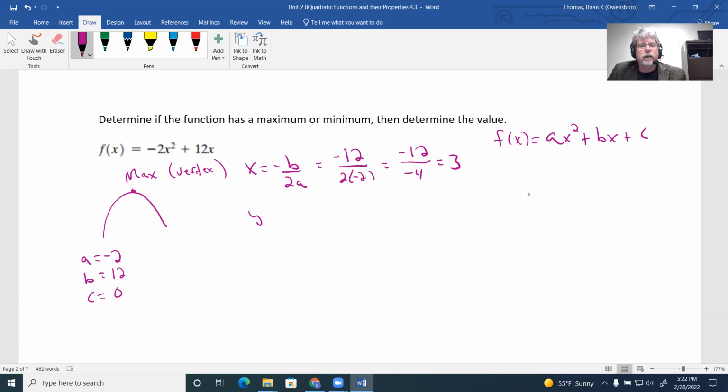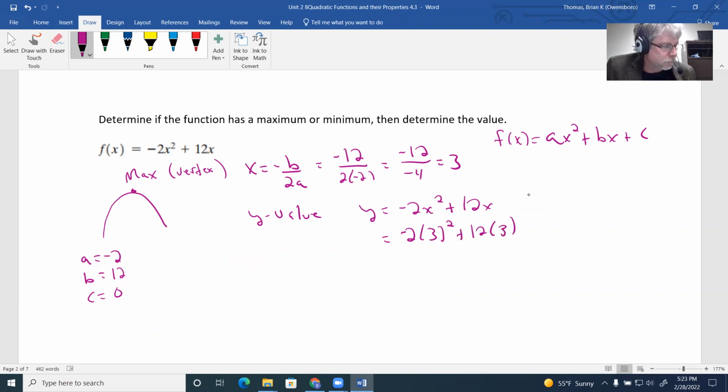So to find the y value, we have to substitute in for x. So we have y equals this -2x squared plus this 12x. So I replace the x value with the 3. That becomes -2 times 3 squared plus 12 times 3. And I'm going to use the calculator for that. So I have -2 in parentheses 3 squared plus 12 times 3.